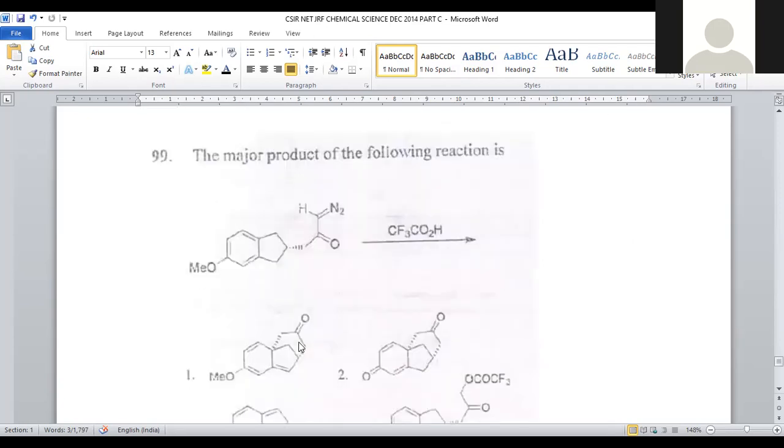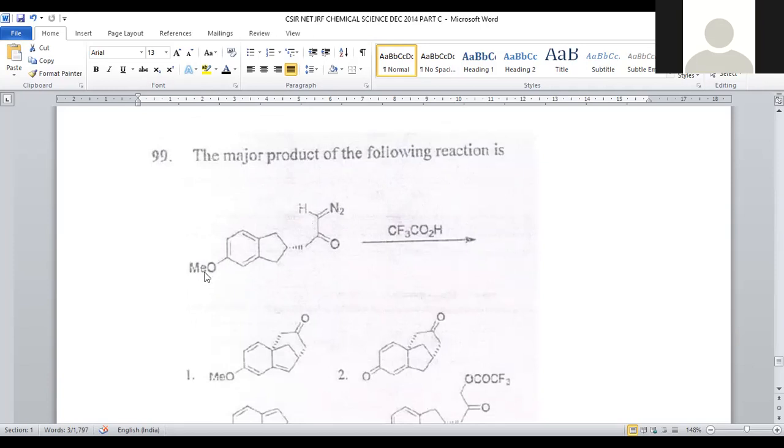Now let us move on to question number 99. Again, it is a part of organic chemistry, and the reaction will be facilitated by a carbene intermediate. Let us see what the reaction is. The major product of the following reaction is... we are taking benzene condensed with a 5-membered ring structure, and at the external center we have CH2, C double bond O, and this is called an imine, and hydrogen is there.